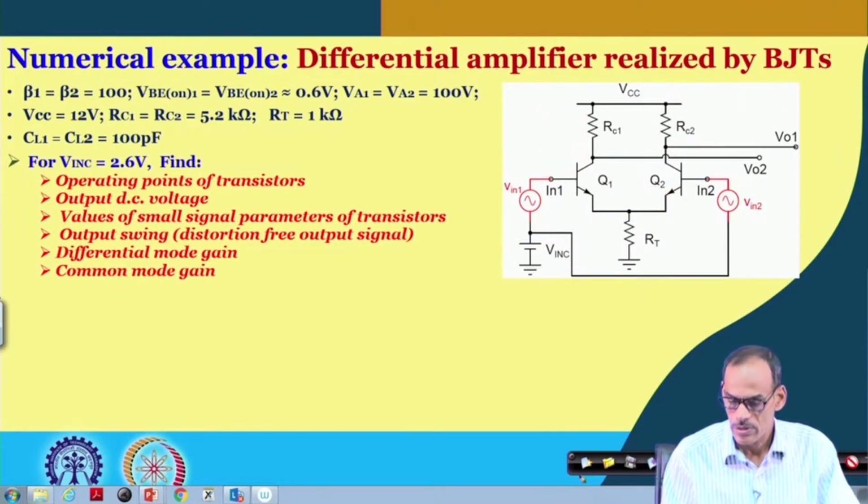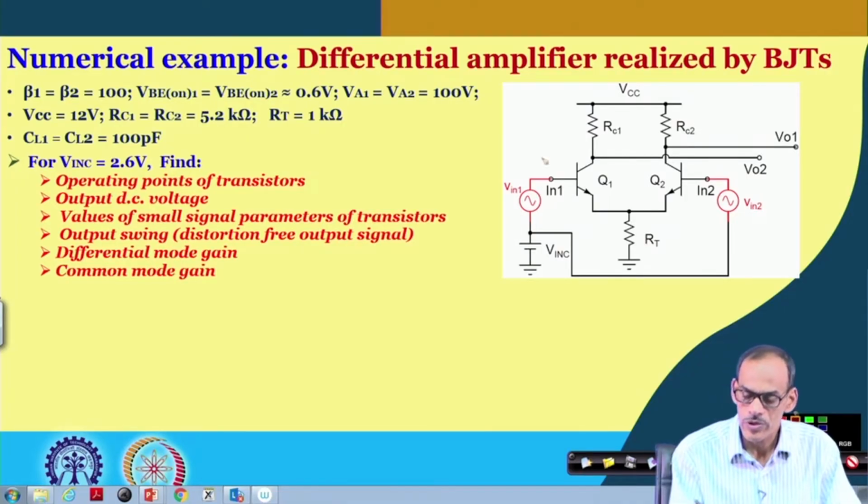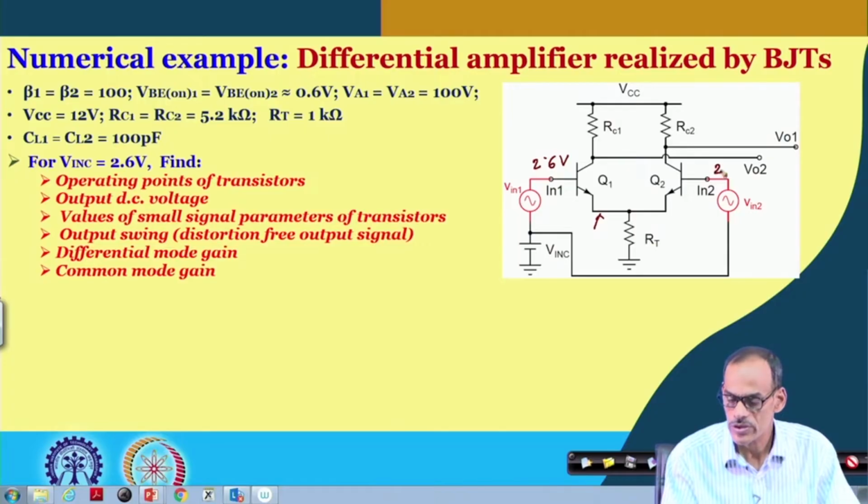So, to summarize the DC operating point, 2.6 volt is the base voltage, here also it is 2.6 volt, and at the emitter we do have 2 volt, and the voltage here is 6.8 volt, and here also it is 6.8 volt.